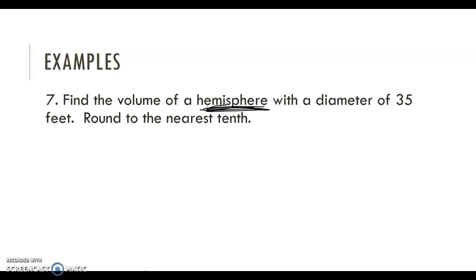Let's go ahead and look at what else is given in my problem. So volume of a hemisphere, half, with a diameter of 35 feet, which means that my radius is 17.5 feet if I take half of that 35. And then we're going to round our final answer to the nearest tenth.